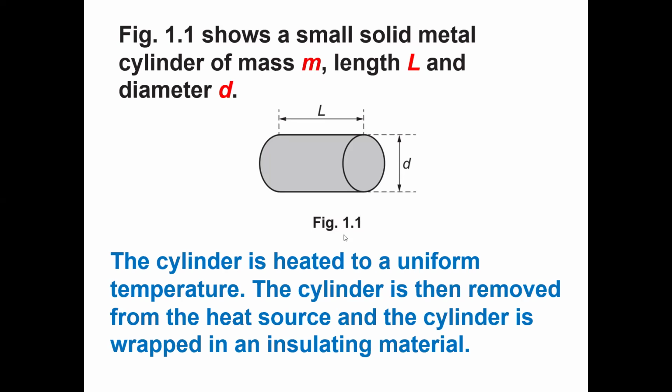This is a situation. The first page should be read very carefully. The story, I mean. So he has a cylinder and it looks to be, as he said, a small solid metal cylinder.